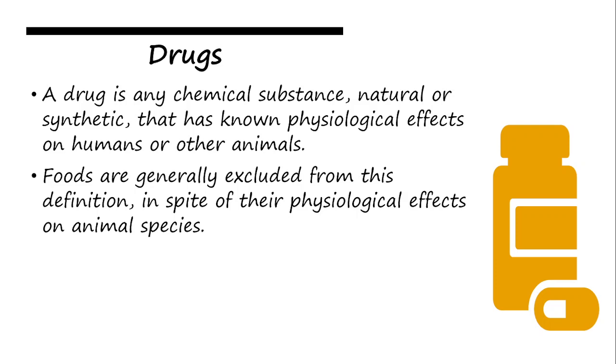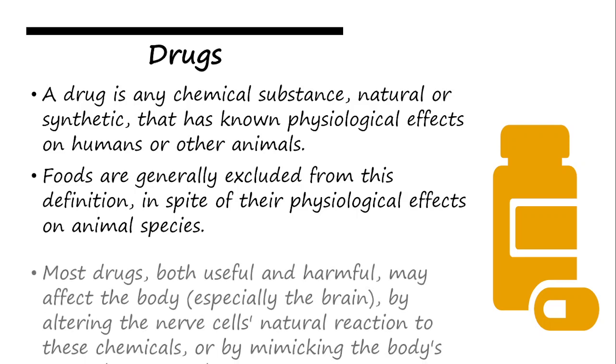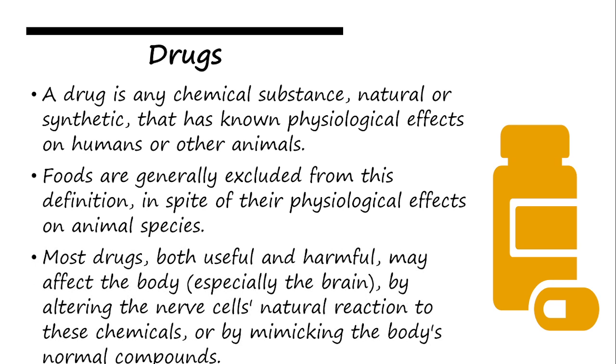Foods are generally excluded from this definition in spite of their psychological effects on animal species. So foods cannot be known as drugs. They are excluded because they provide various important nutrients required for the body.